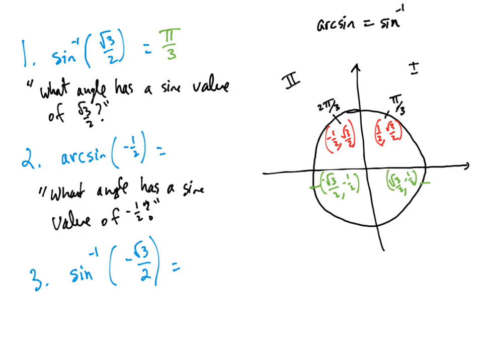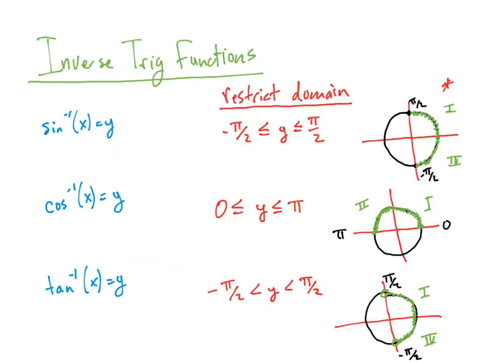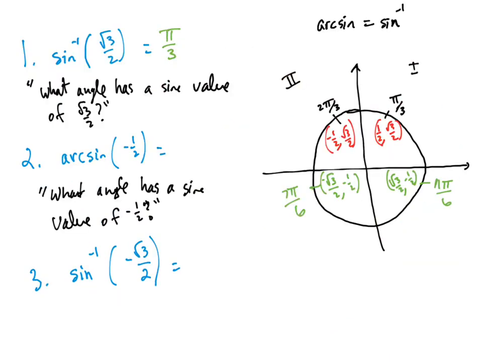Those angles in radians are 7 pi over 6 and 11 pi over 6. So again, thinking back over here, we want what's in quadrant 4, not quadrant 3, so we're going to use this position. However, 11 pi over 6 is not between negative pi over 2 and pi over 2.